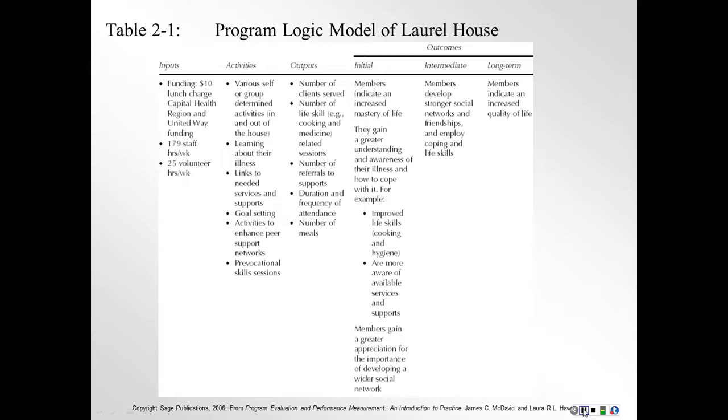There are a number of program logic models included in your textbook. In the next few slides, I will be displaying some of these and briefly discussing them. Before I begin to do so, understand this. Each of these examples of logic models features a particular program.